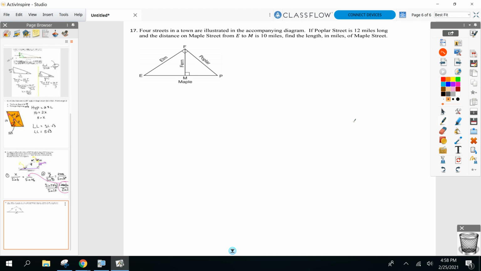All right, now let's label it. Poplar Street is 12 miles long. And the distance on Maple Street from E to M is 10 miles. Find the length in miles of Maple Street. So this entire length right here I'm looking for.